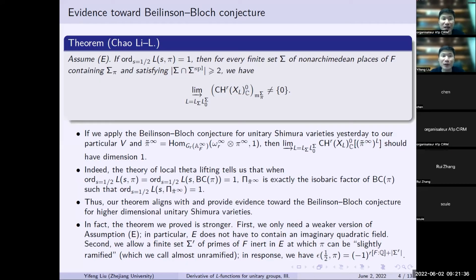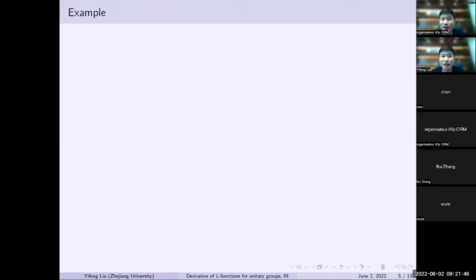So let me give an example of a representation pi that satisfies R1, R2, R3. So far, I have given no example of this, and so I will give some examples that are related and even have arithmetic significance.